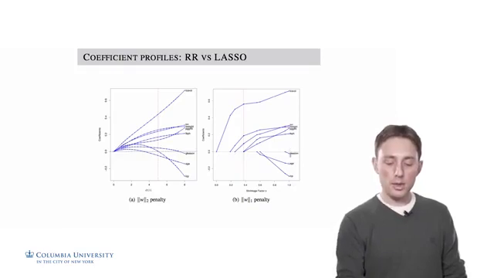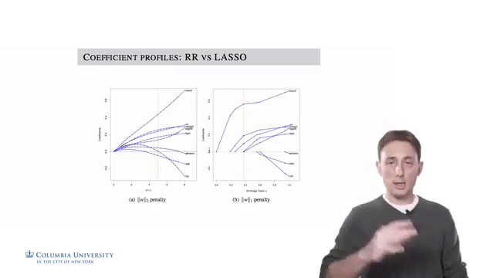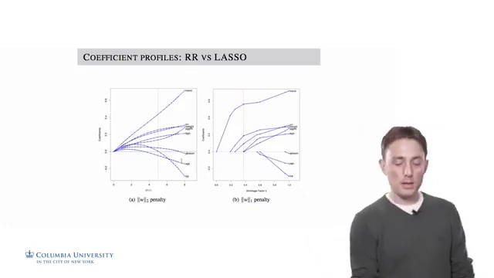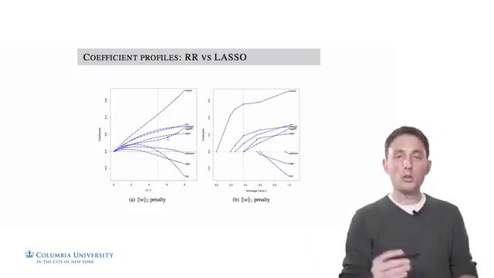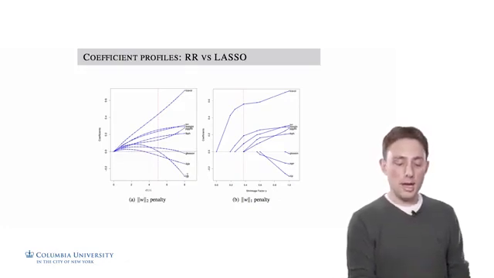So for example, the dimension corresponding to this feature starts at this point, and then as lambda increases, it gets shrunk to 0 and then stays 0 forever. Whereas the dimension corresponding to age, again, gets shrunk to 0 and then stays 0 at a certain point forever as lambda increases to infinity. It's quite different from the L2 problem where, again, all dimensions are being shrunk to 0 as lambda increases.